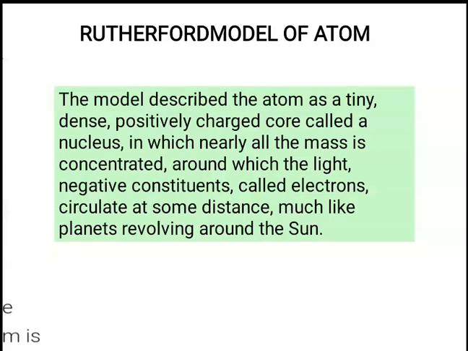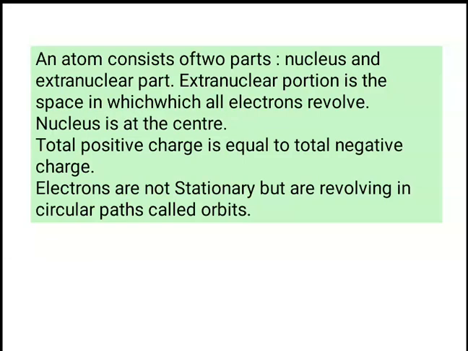The nucleus is present in the center, and its size is about 10 raised to the power minus 15 meter, while the size of the atom is nearly 10 to the power minus 10 meter. So the size of the nucleus is very much smaller compared to the atom.